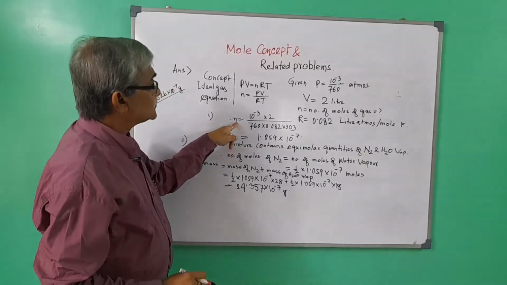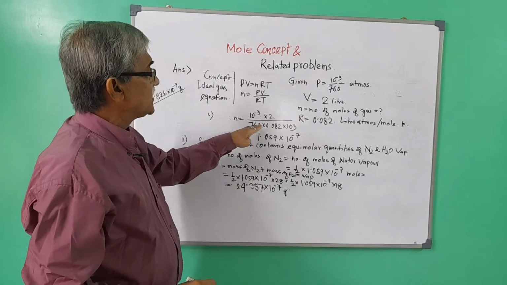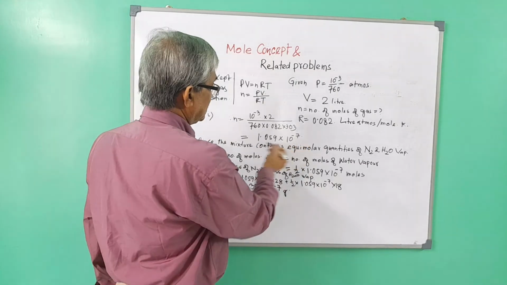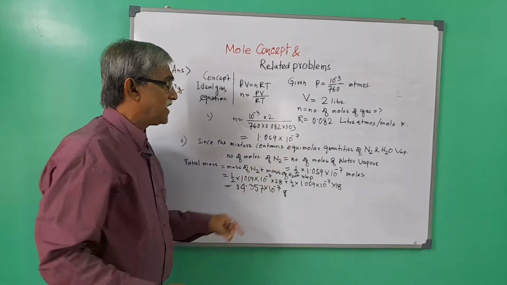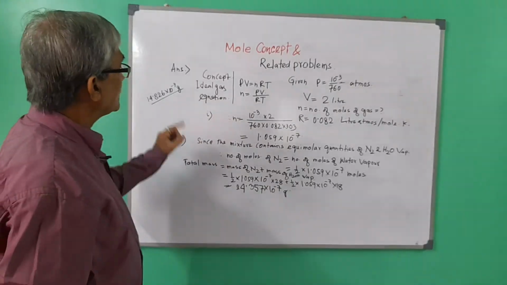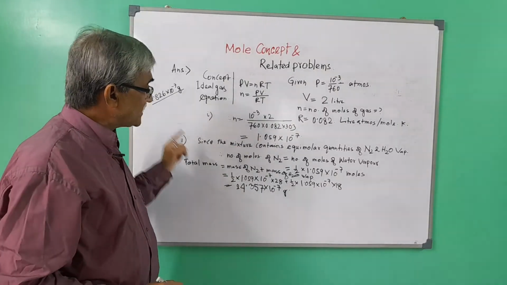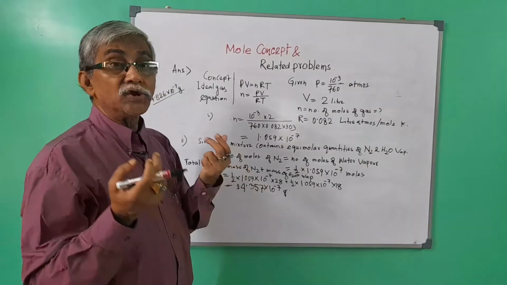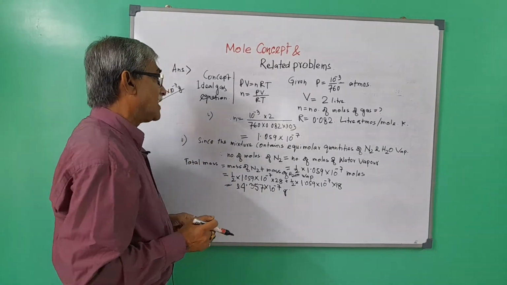Okay. Now just place it into the equation. So n equals 10 to the power minus 3 into 2 divided by 760 into 0.082 into 303. If you calculate it out, it will be 1.059 into 10 to the power minus 7. So the first part of the question is answered. Now coming to the second part. It is given that the mixture is an equimolar mixture of nitrogen gas and water vapor.